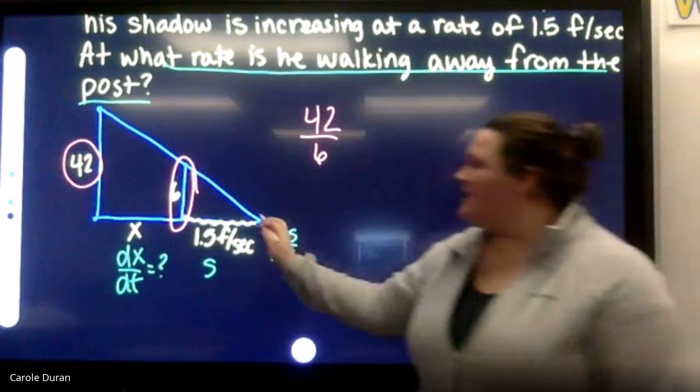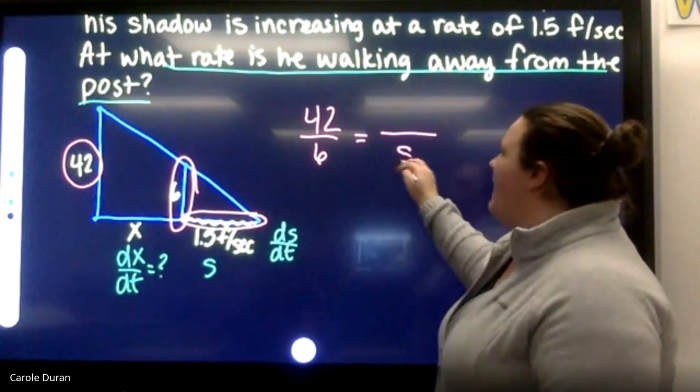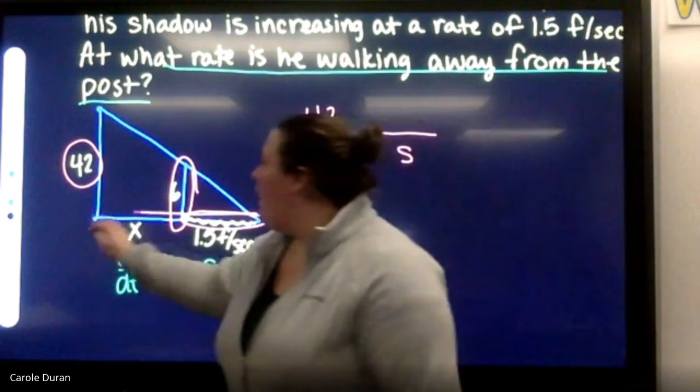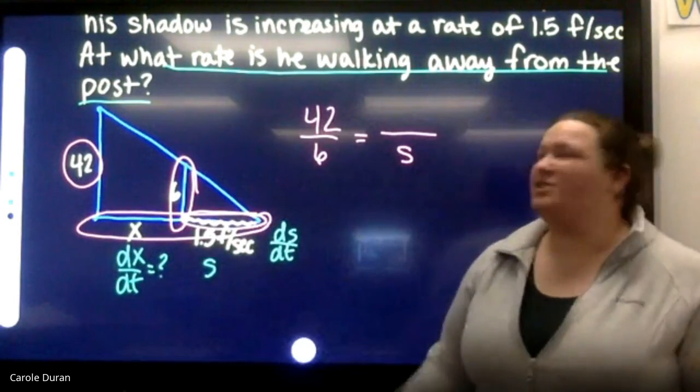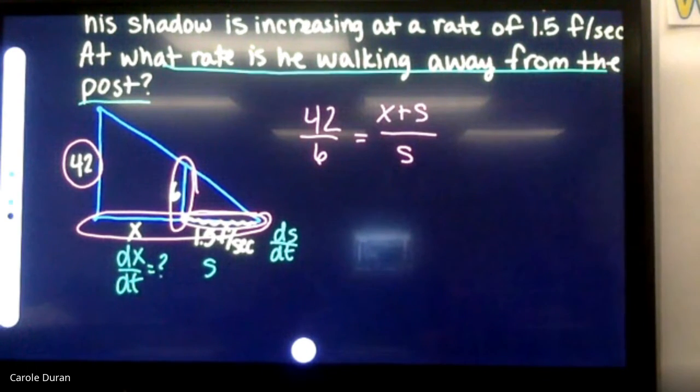That also means the longer leg on my smaller triangle, which is S, is proportional to the longer leg on my larger triangle, which is x plus S.